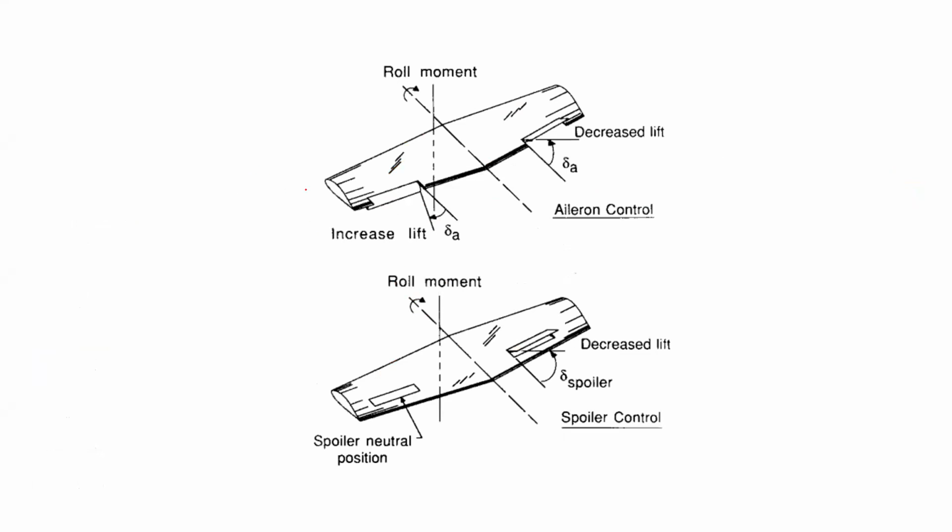In this photograph, try to relate it to the previous situation we were discussing. This is the right wing and this is the left wing. We were trying to turn this way. So the right wing went down, right? That was the situation. In this photograph also, the ailerons are deflected exactly like that. So when you deflect the aileron downwards, what is going to happen? Is it going to generate more lift or less lift?